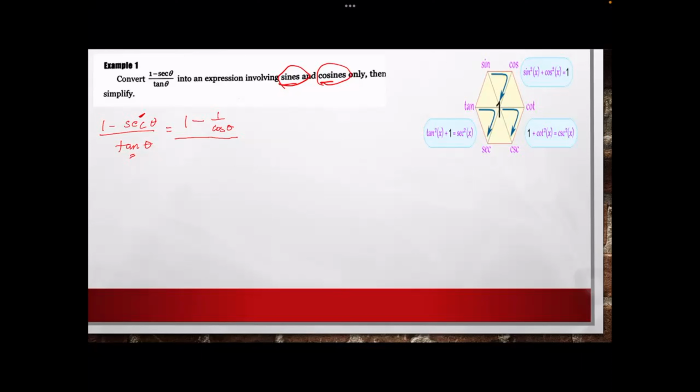Ipapalit natin yung 1 over cotangent theta. Sabi kasi sa rule ay dapat sine and cosine para mas mabilis siyang i-evaluate or i-simplify. Aside from 1 over cotangent theta, RJ, anong possible na ipalit?